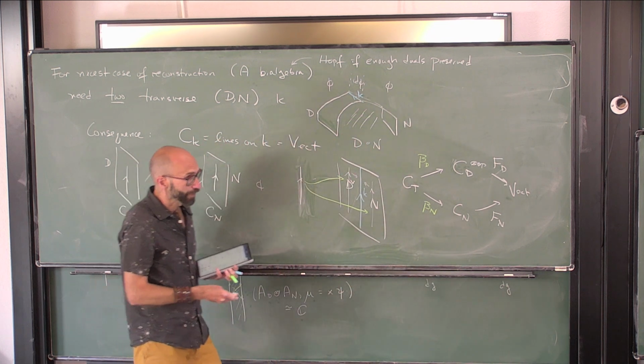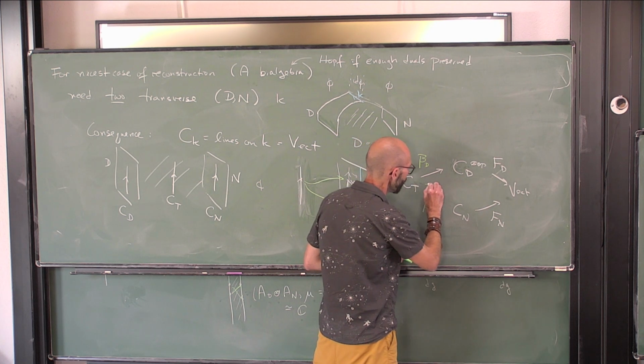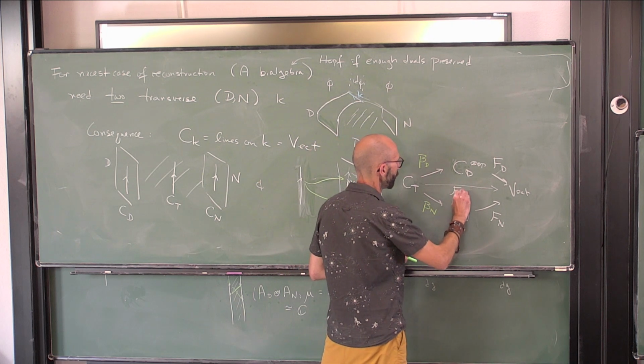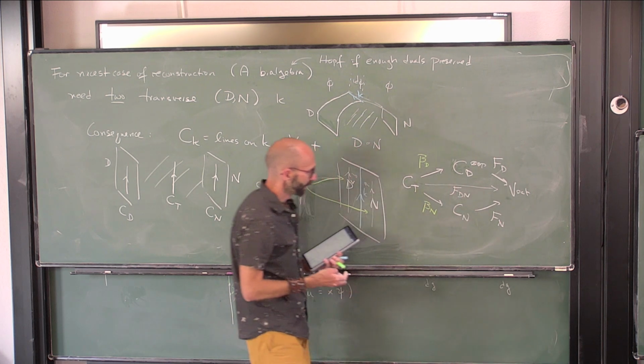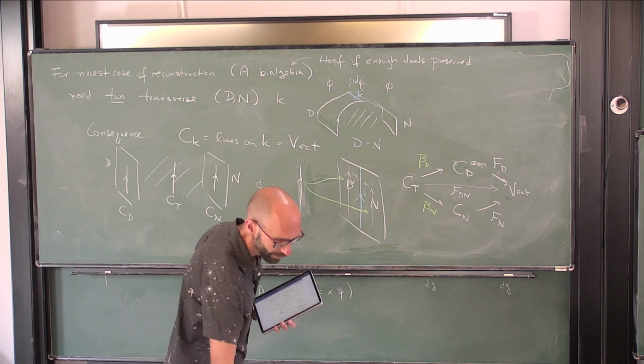And there's an isomorphism between the two. And the composition in either direction ends up defining a fiber functor for the bulk category.